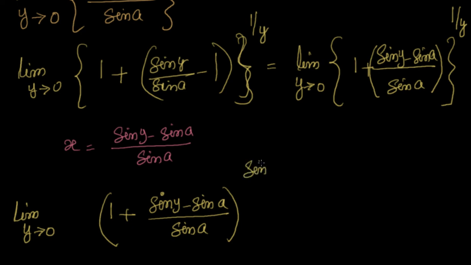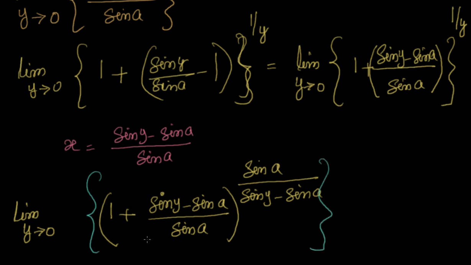That means it is sin a divided by sin y minus sin a. This will make sure that this term will become e, but I don't have it there, so I should nullify it.